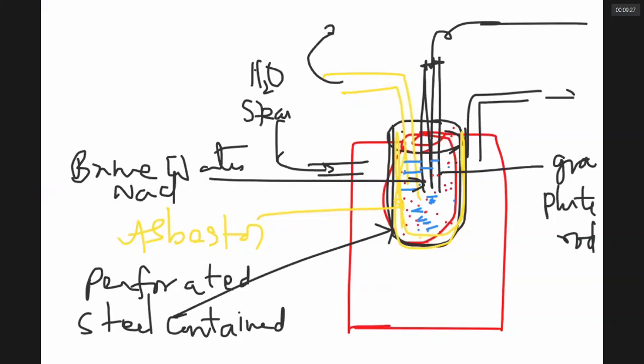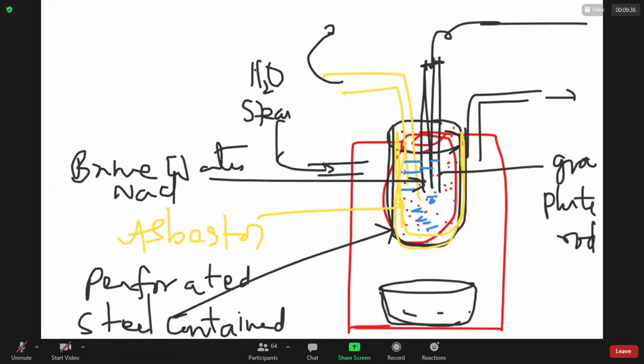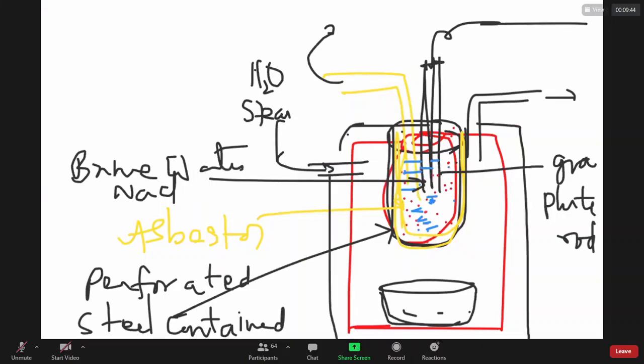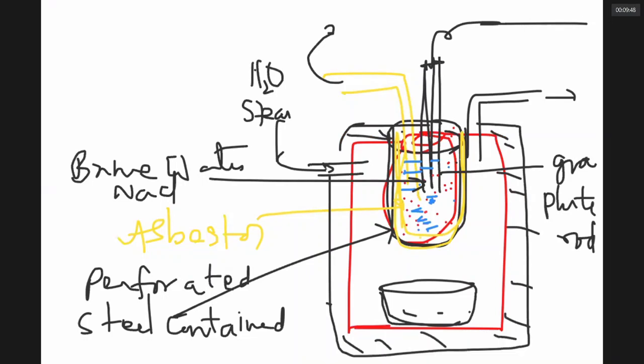This is another outlet. Here we have a container. Sir, this is the setup. And this is closed otherwise, so heat energy will not be wasted. Yes, this is your Nelson cell.